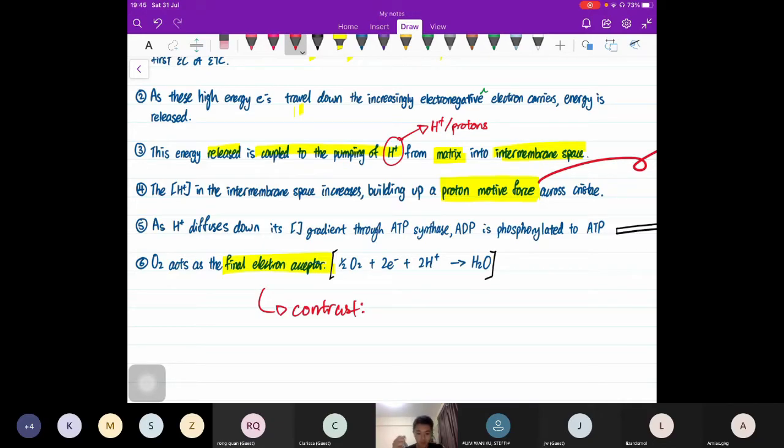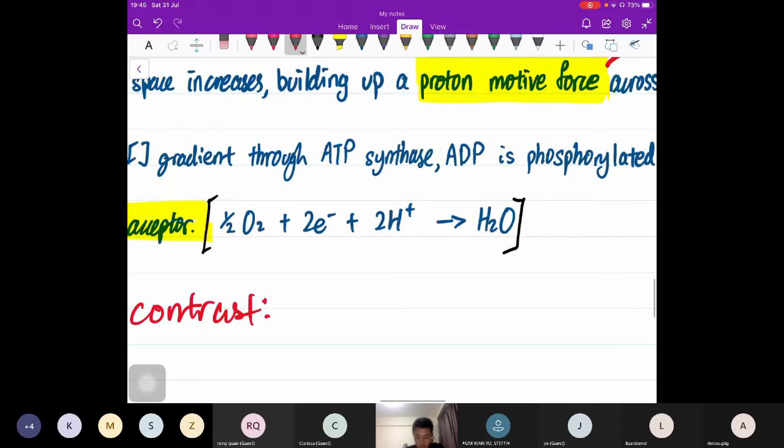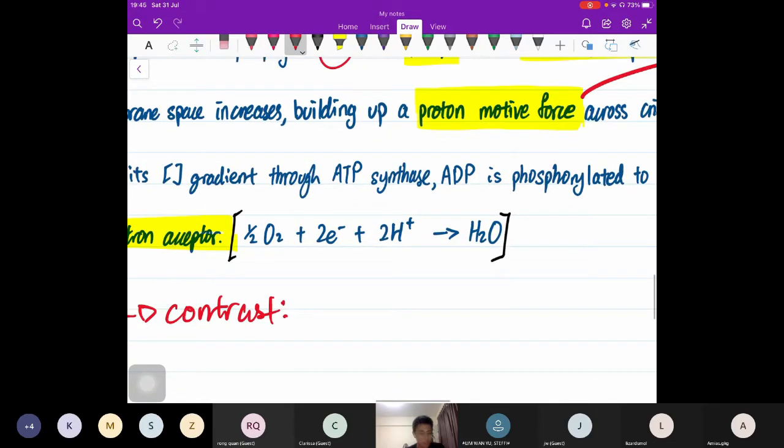So in this case, O2 in respiration is your final electron acceptor, and this is the equation that occurs.